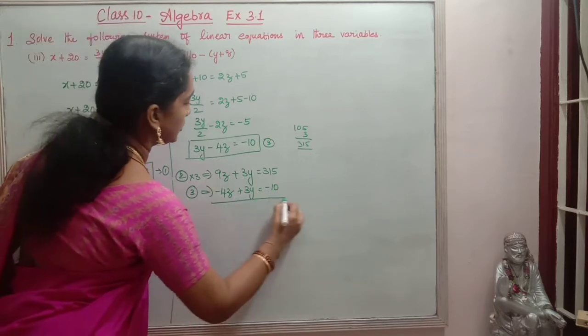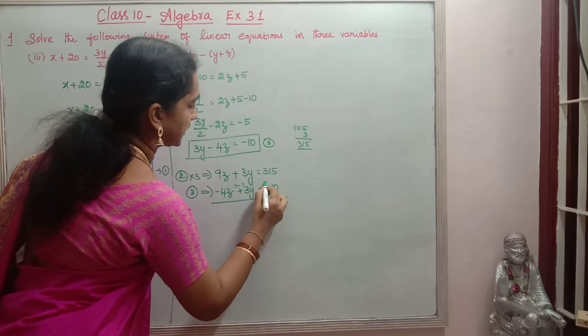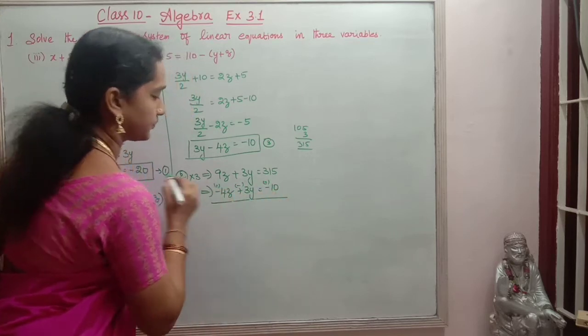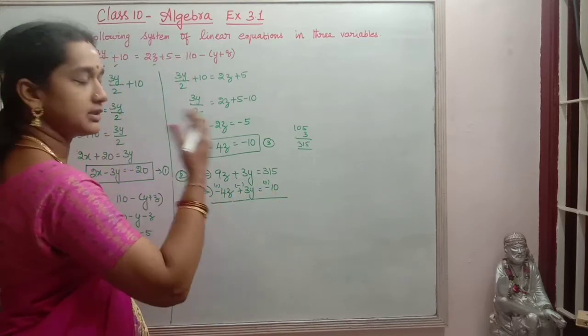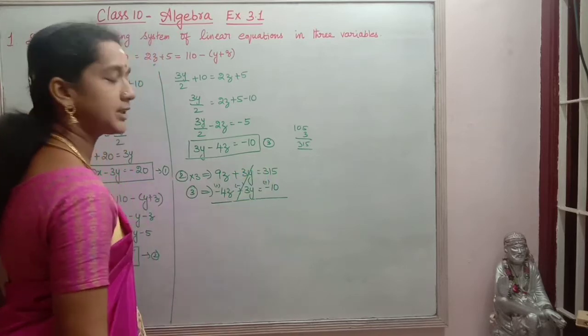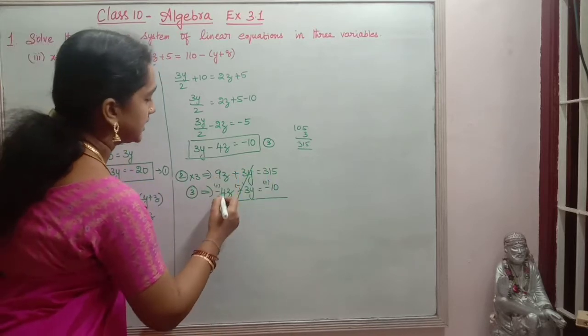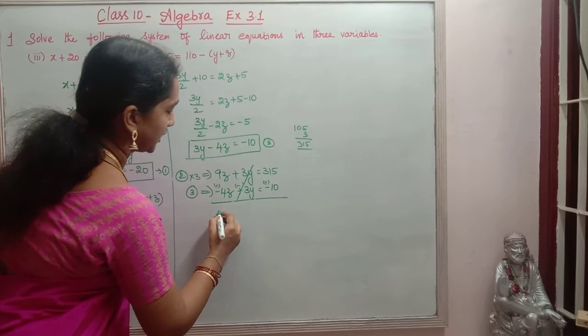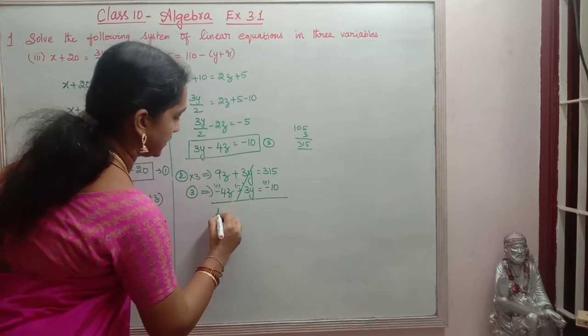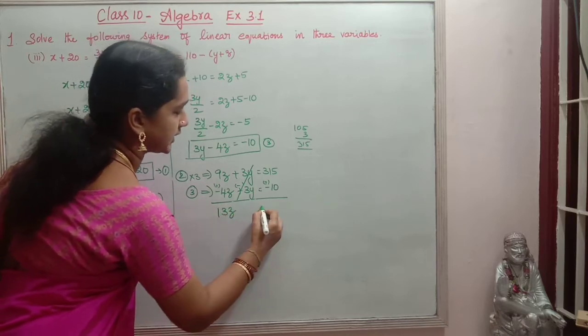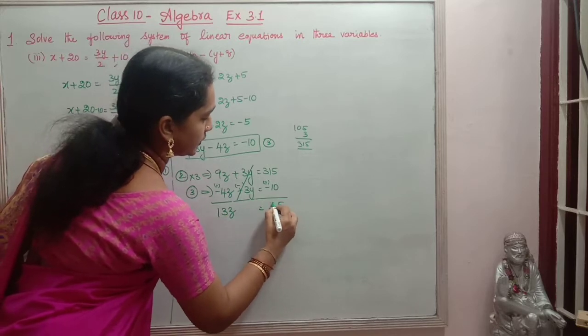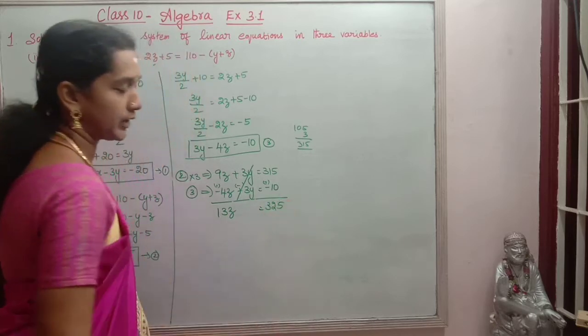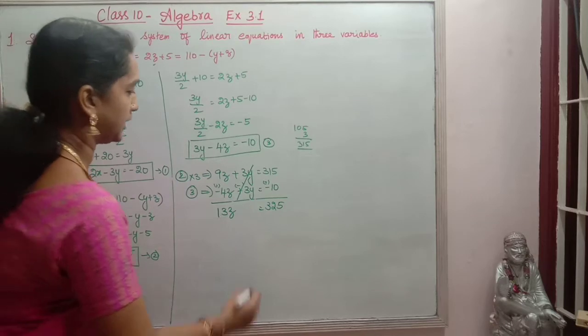Now I will subtract these two equations. Subtraction means opposite sign, so plus 3y minus 3y will get cancelled. 9 plus 4, 13z is equal to 325.